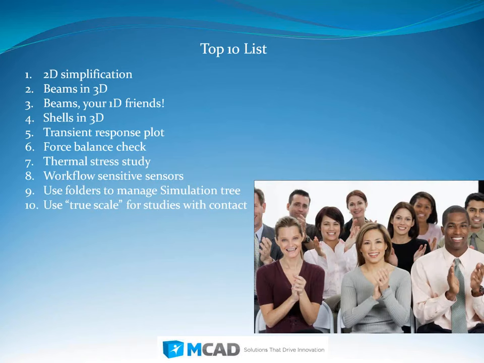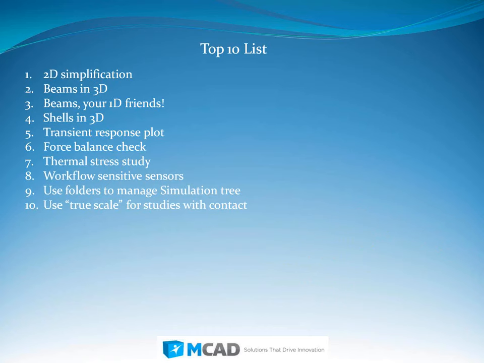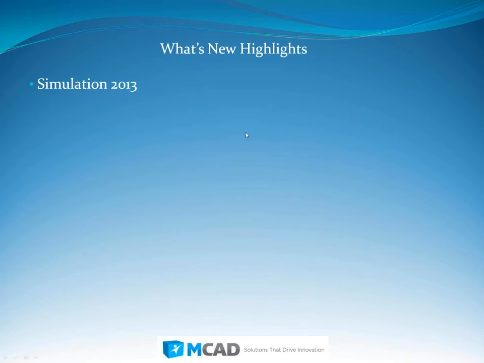So I've showed you the top 10 list. Here's just sort of a breakdown of it, what we've talked about. A lot of good functionality within the simulation tool. I hope that this has been a benefit to you, and I hope that you make use of some of this new functionality that's available to you that's in 2013. I'm going to show you some of those now.